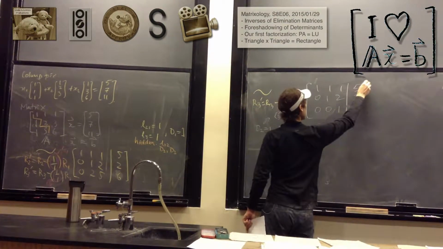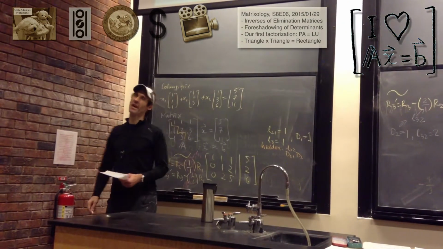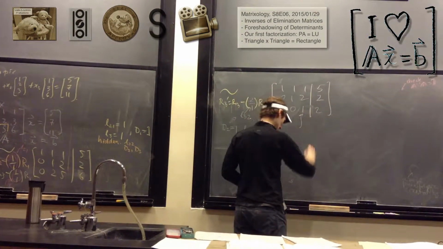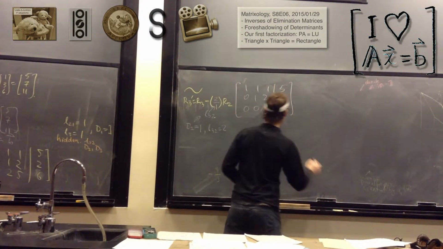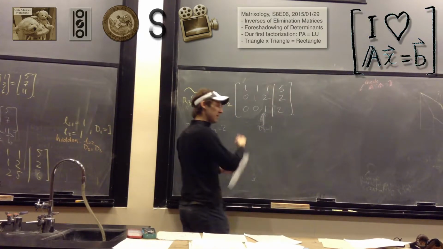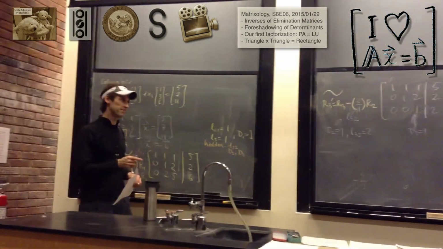Okay. All right, so the pivots are not very interesting, but there you go. That's what we've got. You know, pivots can have all sorts of values. This is D3 equals 1. So everything's now been uncovered. We've got our 3 pivots, and we've got the 3 multipliers.